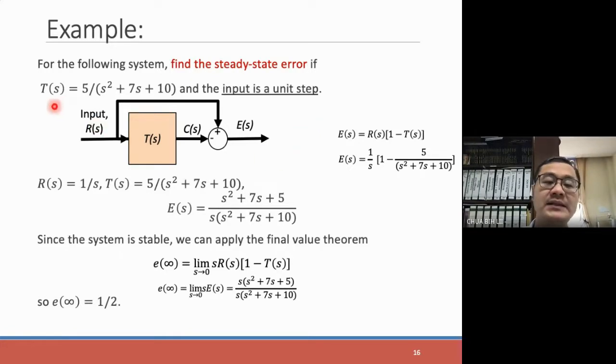Take the transfer function to be 5 over s squared plus 7s plus 10, and we use the typical unit step as the input. We have this transfer function and we can estimate the error. The error itself is given by this.